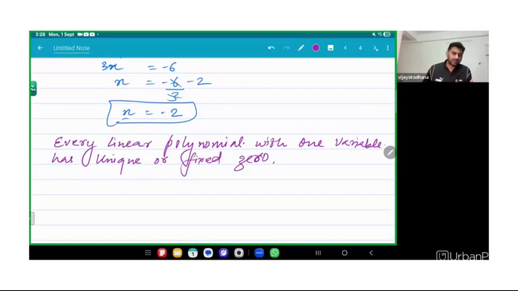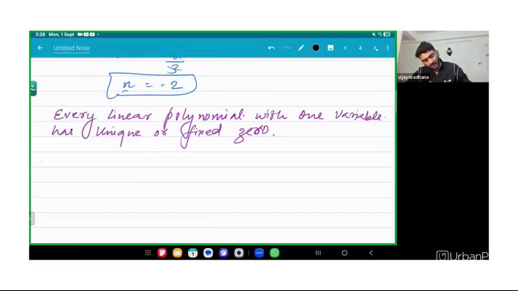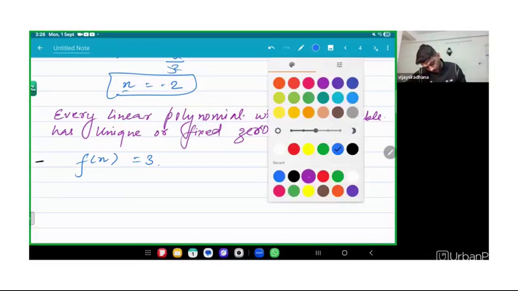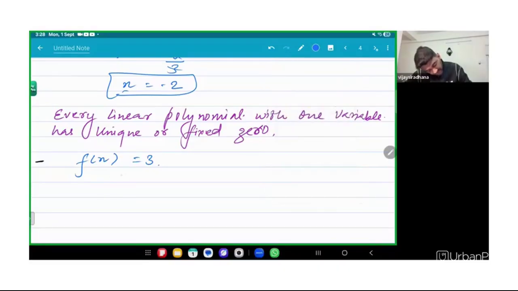So this is the other thing. Now let's check the last main point. Students, suppose I give one polynomial which is f of x is equal to 3. What do you mean by this? f of x is equal to 3. Can I write f of x is equal to 3 as 3 into x to the power of 0?